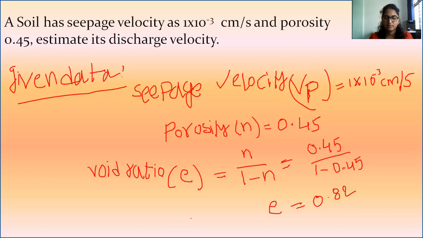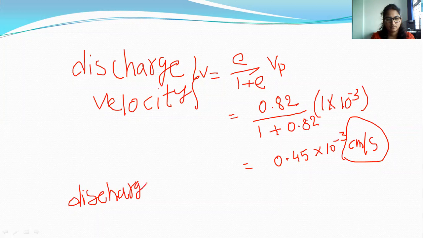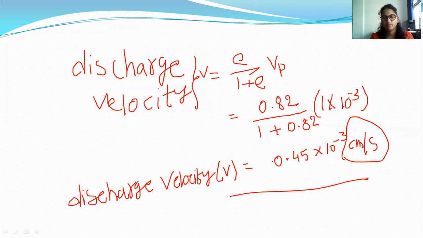After completion of the problem, we should write the units, either centimeter per second or meter per second, whatever it may be. So here discharge velocity V is equal to 0.45 into 10 to the power of minus 3. So this problem is completed. Thank you.